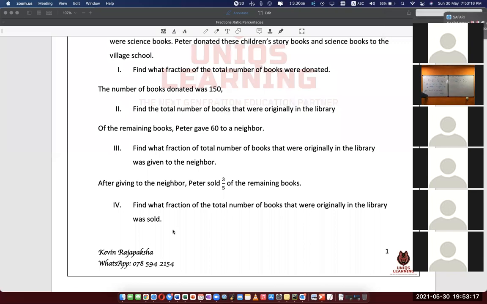Some students are sending the number of books, but the question is asking for the fraction.